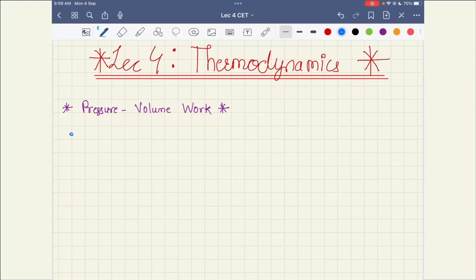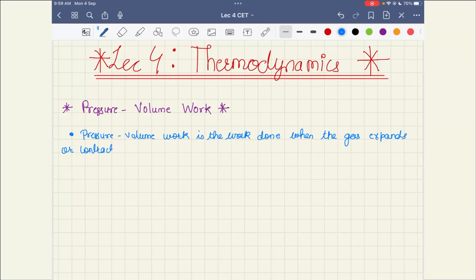Pressure volume work is the work done when the gas expands or contracts against an external pressure.